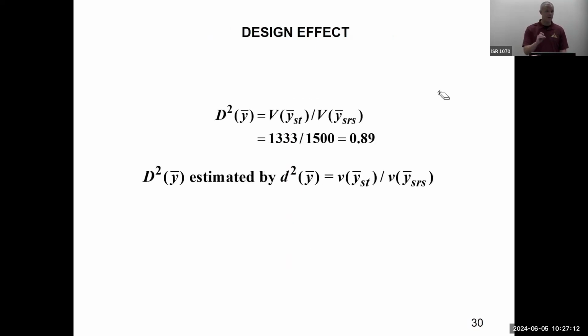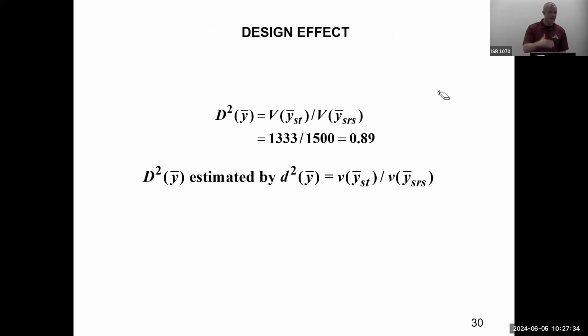If we calculate that design effect using Kish's ratio, the variability of that estimate under complex sampling, under the stratified design, was 1,333. The variance of that estimate, same sample size, 1,200, under the simple random sample design, was 1,500. My design effect ratio is 0.89.